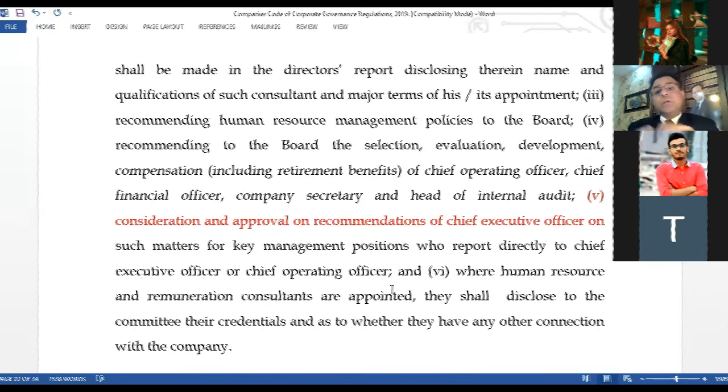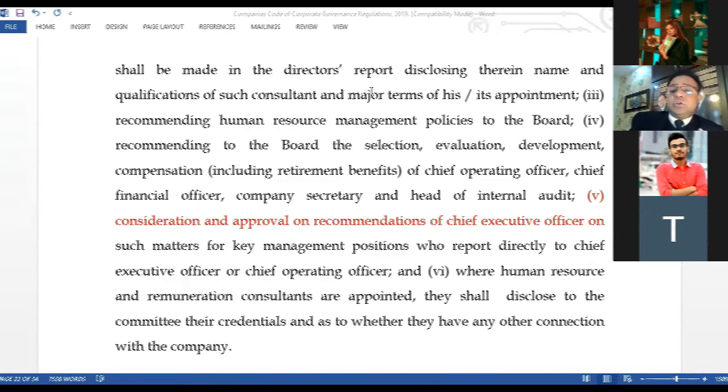Absolutely right. So look at this transparent mechanism, and this is why these governance regulations are made mandatory for the smooth functioning of the company. In the given mechanism, conflict of interest is avoided. At the same time, if any disclosure is required, that disclosure is also part and parcel of the compliance mechanism.